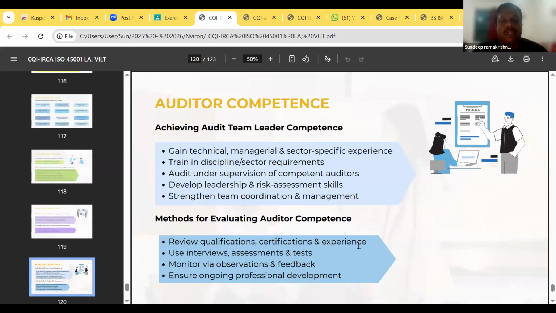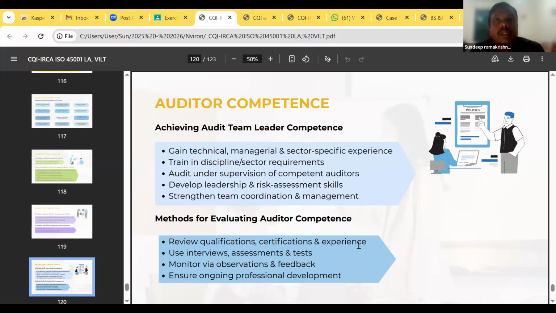So to achieve the team leader competence, you have to gain technical, managerial, and sector specific experience, train in discipline sector specific requirements. So there are various International Accreditation Forum codes for various industries like manufacturing, construction, right? Technology, IT.